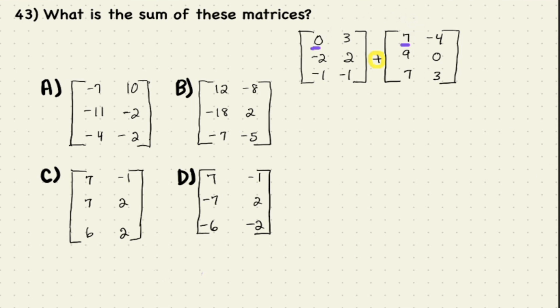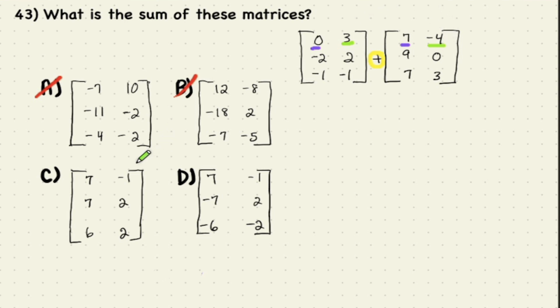So right away, what I'm going to do is eliminate answer choices A and B. The reason why is because we have negative 7 here, and we have 12 here. And notice in C and D, we have 7 here as well as 7 here. Okay, so now let's go ahead and move on. So we have 3 plus negative 4, and so we know that is negative 1.